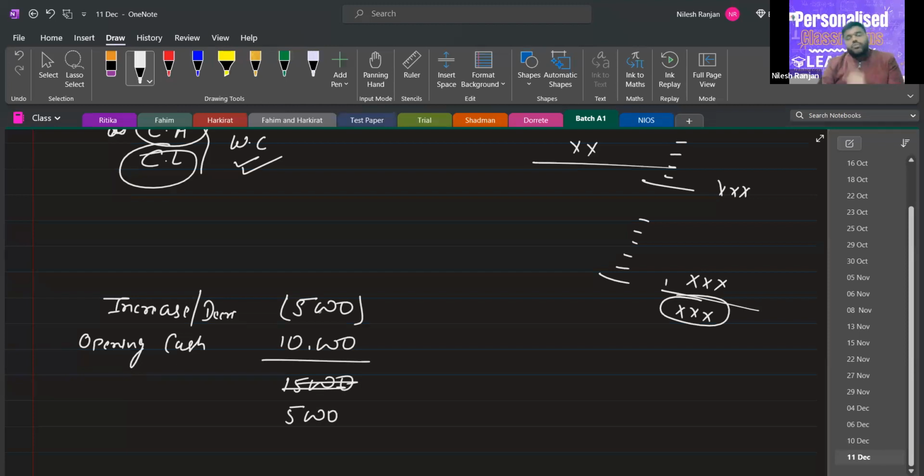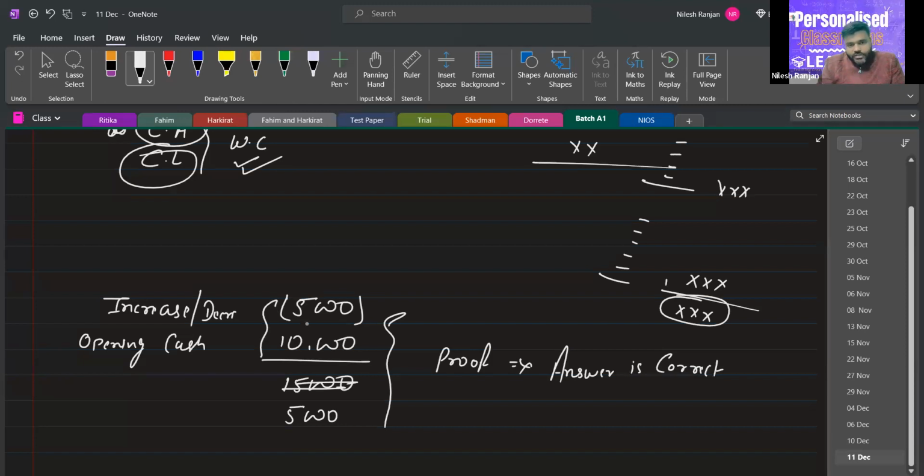Yes, sir. So when we prepare the whole cash flow statement, this is the proof that our answer is correct. If your cash and cash equivalent increase or decrease with opening cash and cash equivalent does not match with closing cash and cash equivalent, then your answer is not correct.